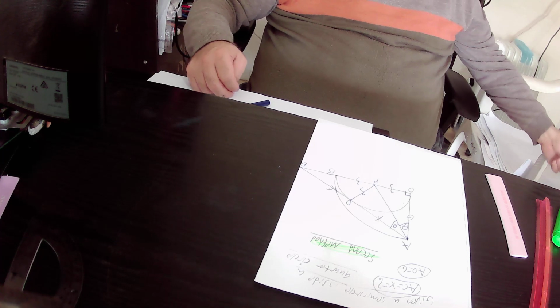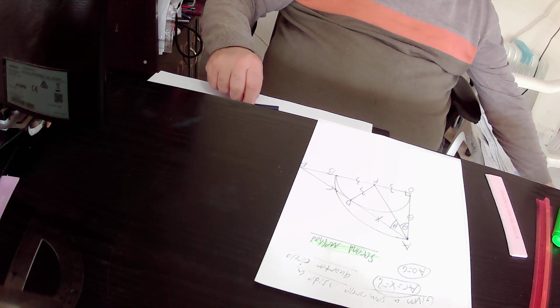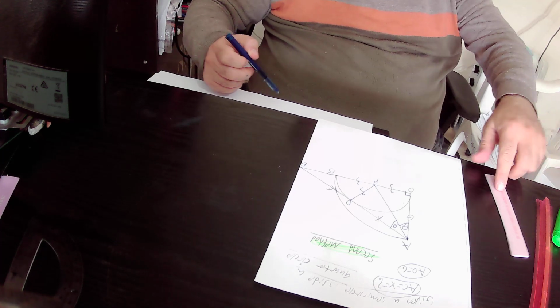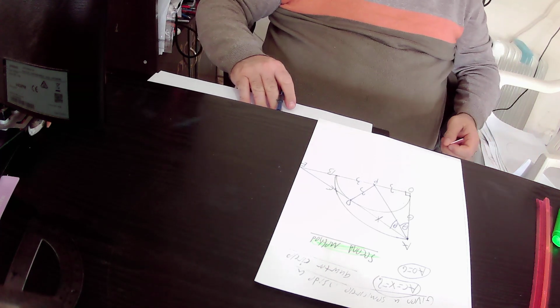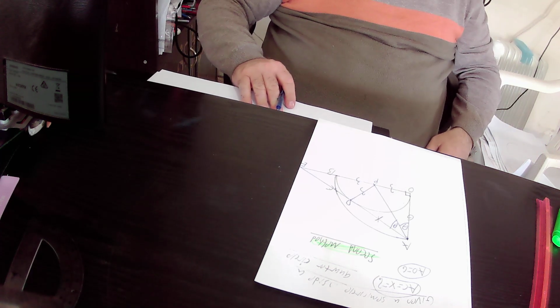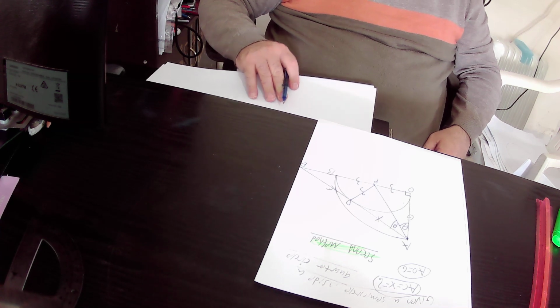Okay, so we can implement rule number 1 in triangle AOE. I'll copy the right triangle AOE in a new page and we'll implement the angle bisector theorem in it.